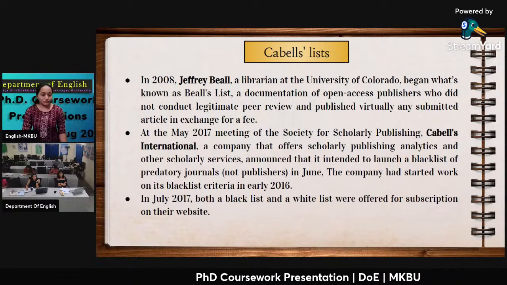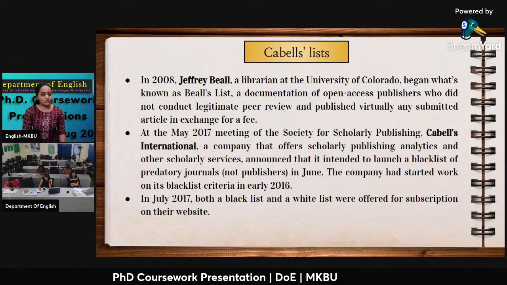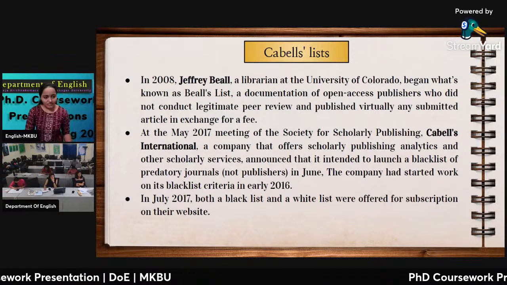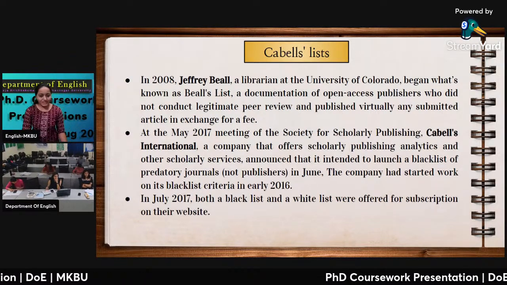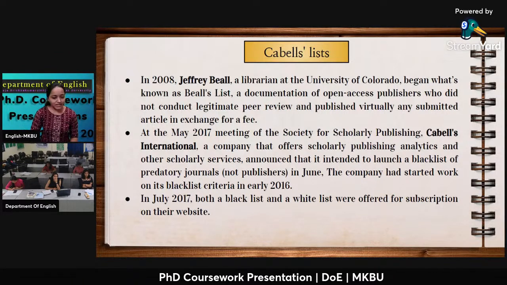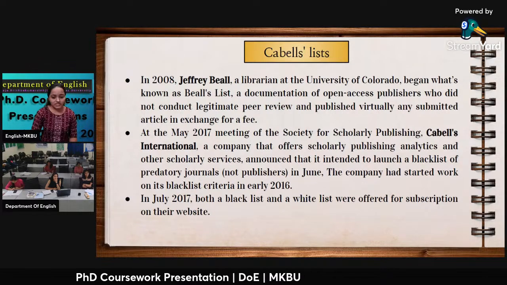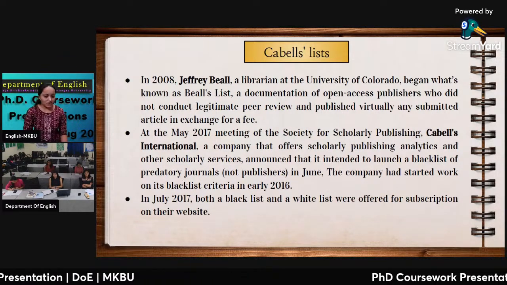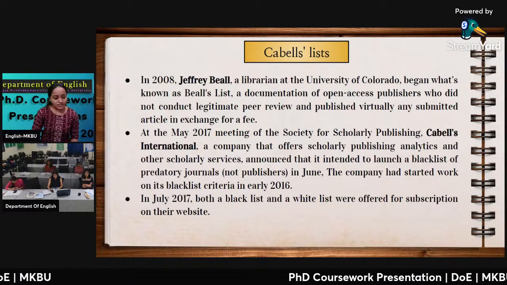At the May 2017 meeting of the Society for Scholarly Publishing, Cabell's International, a company that offers scholarly publishing analytics and other scholarly services, announced that it intended to launch a blacklist of predatory journals in June.